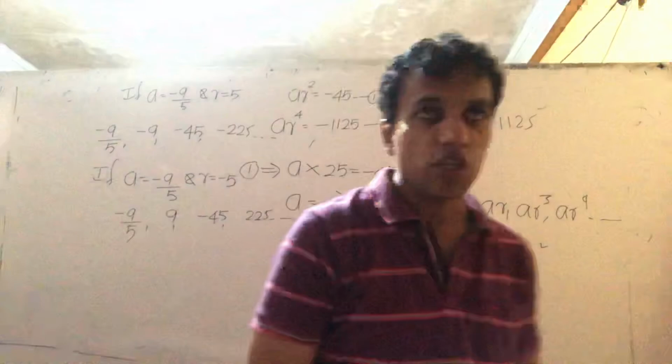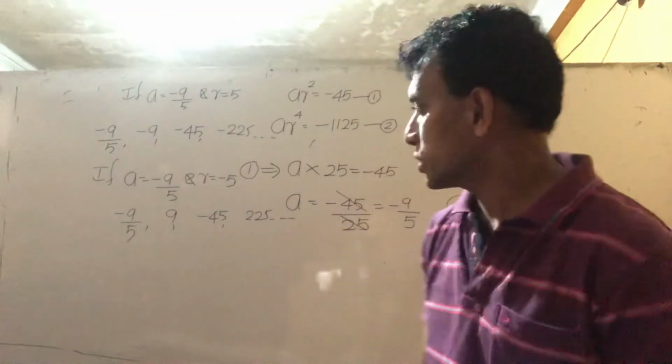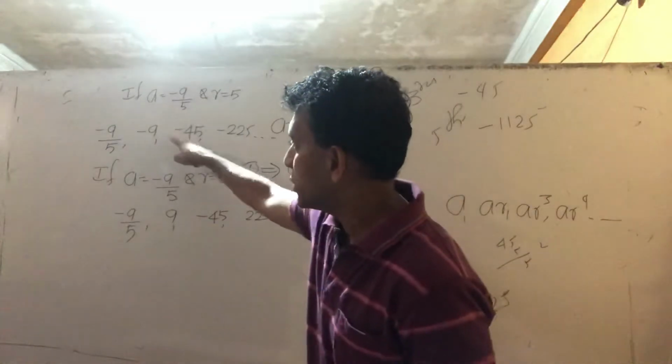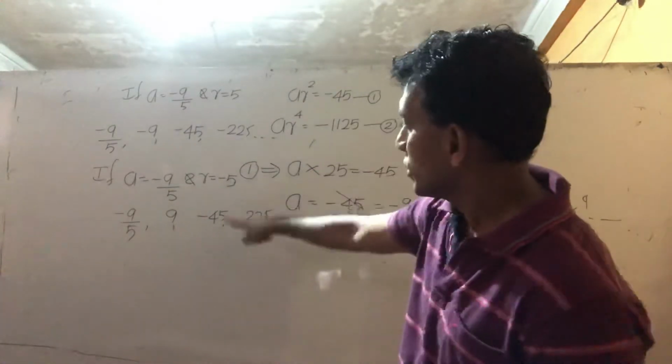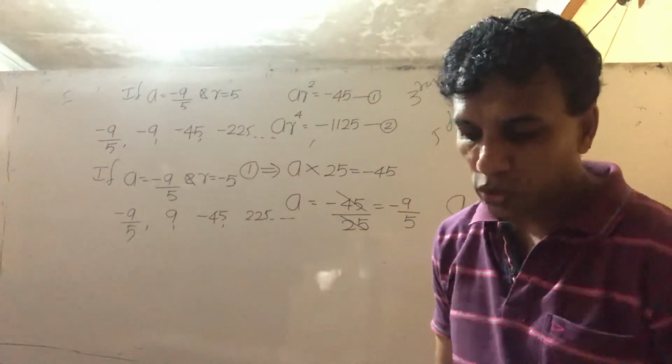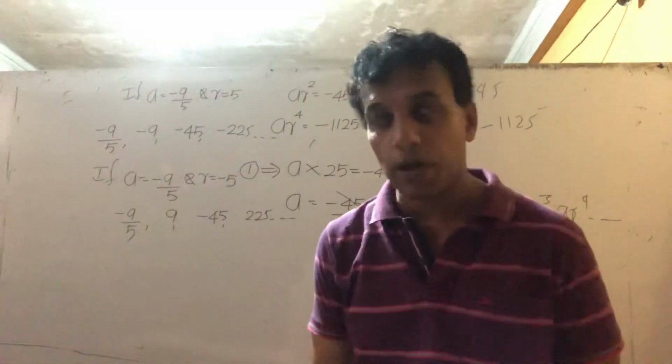Therefore this is the GP connecting 2 series, right? See, they provide the third term as minus 45, and on both occasions the third term is minus 45, and that was correct, right? This is the way to solve such 2 series problems.